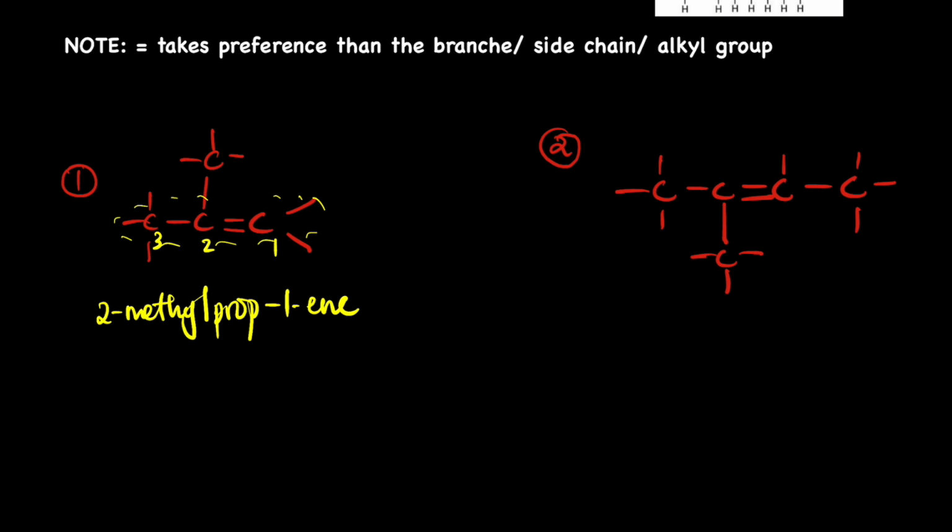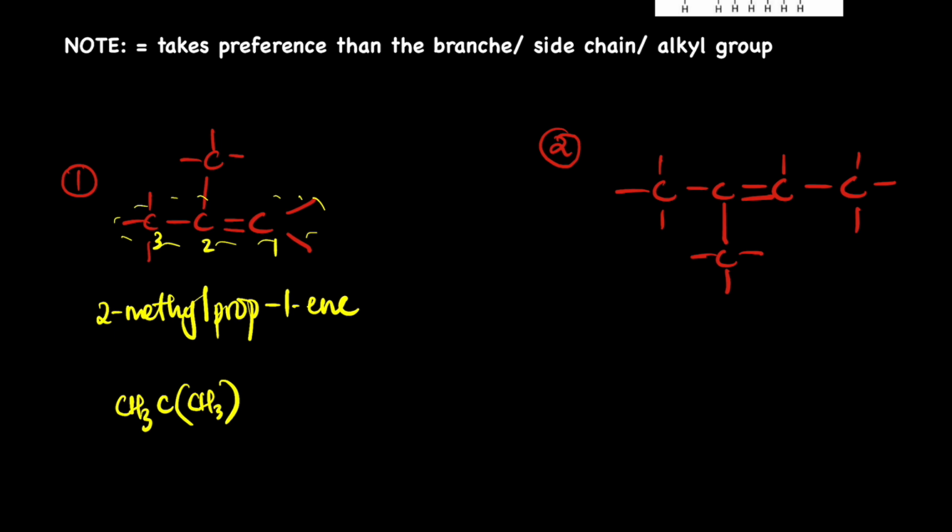Guys, okay, let me do the condensed structural formula for that. It's going to be CH3. I hope you're following. CH3, this one. And then in this C, there's no hydrogen that is bonded to it. It's going to be C. And then you can say open bracket CH3, which is this branch, right?